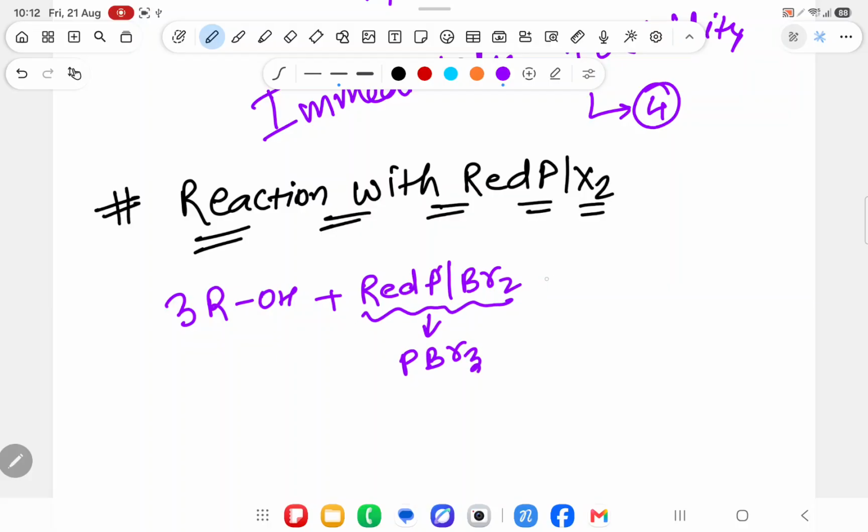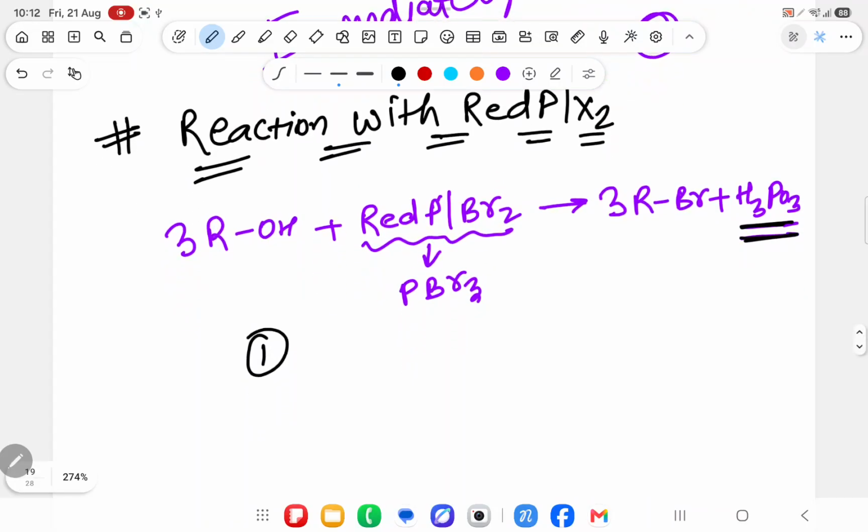Don't get confused. So you will get 3 mole of RBr plus H3PO3. The byproduct is also very important. Sometimes they will ask what the byproduct is when red phosphorus reacts with Br2, that is PBr3. So H3PO3 is the byproduct.